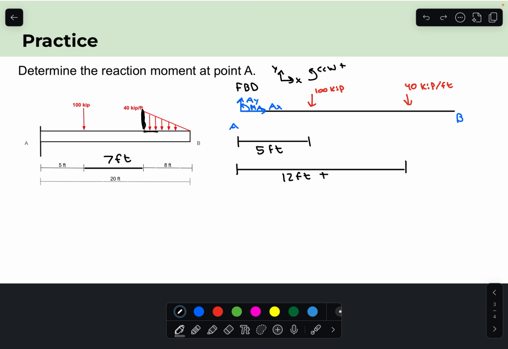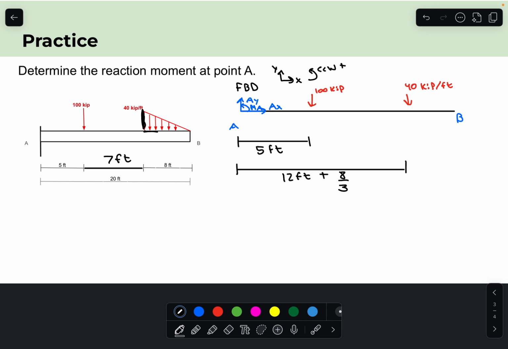Well, if you look in the reference handbook, from the left hand or the right angle side of the triangle, it is going to be 1/3 of the base length. That is where the centroid is, and that is where our point force will be acting for this entire distributed load. So that means that we add 8/3 onto that 12 because it is 1/3 of the 8-foot length. And so tacking that onto the 12 will give us our moment arm for the equivalent point force of that distributed load.